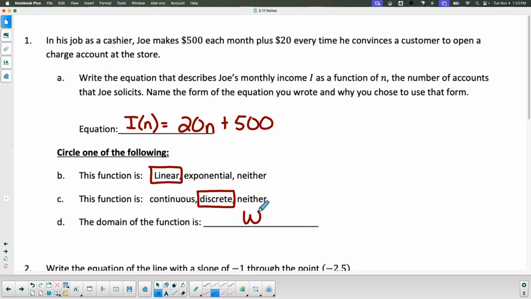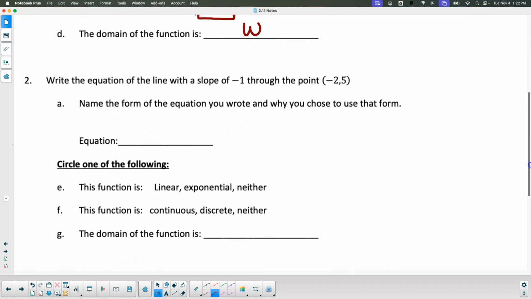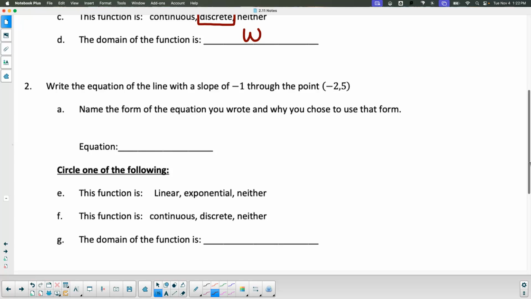Alright, let's go to number 2. Write the equation of the line with a slope of -1 through the point (-2, 5). Okay? What do we have? We have the slope and a point, right?